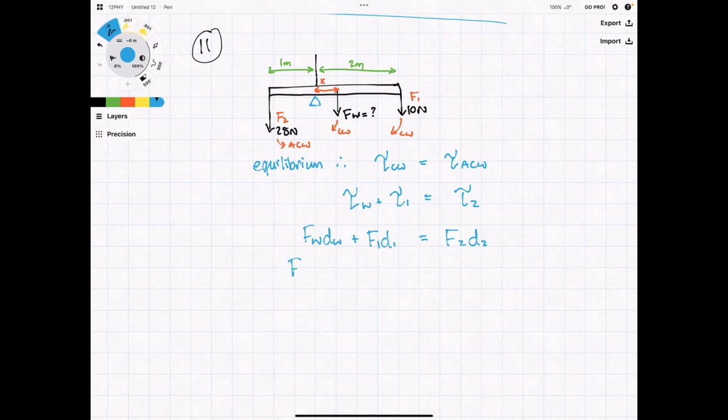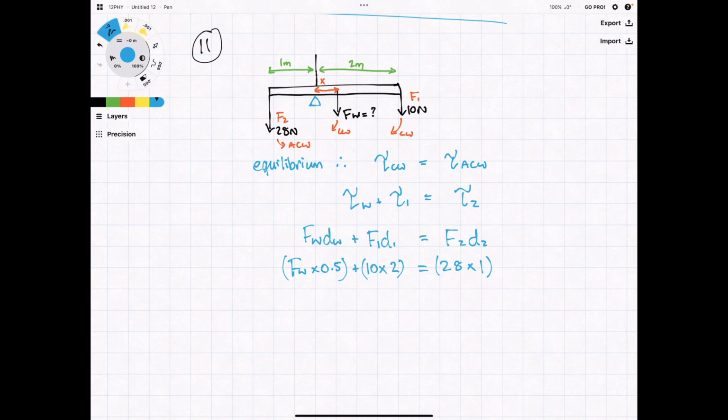All right, so let's go like this. Fw times 0.5, because the weight force is 0.5 from the pivot, plus F1, which is 10 times, how long is that side from the pivot? It is 2 meters from the pivot, equals F2, which was 28 newtons, times by distance of force 2 from the pivot, which was 1.